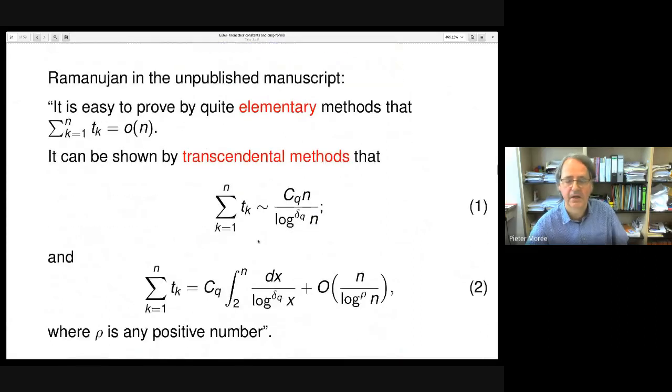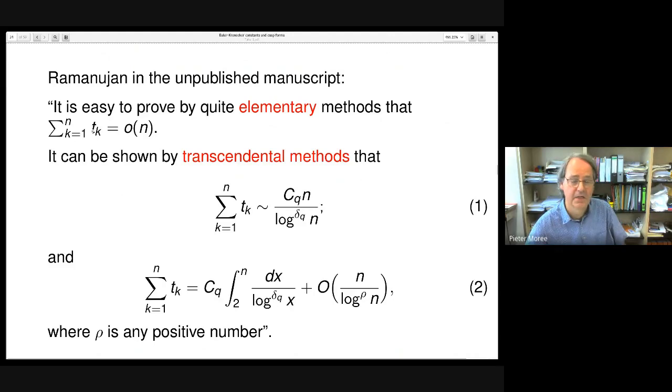Then let me remind you of the Ramanujan claim. So he was looking at the non-divisibility of tau of n and other cusp forms, and so this t_k is 1 if, the notation is very unlucky here.